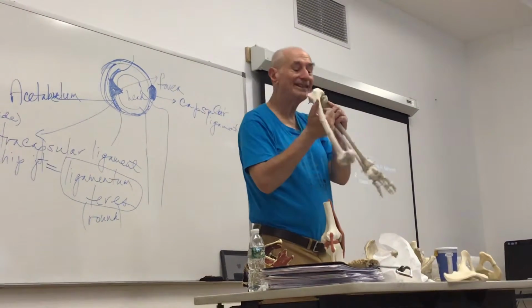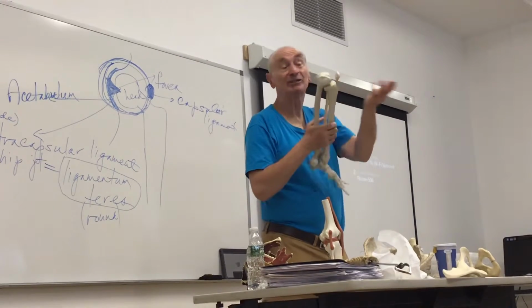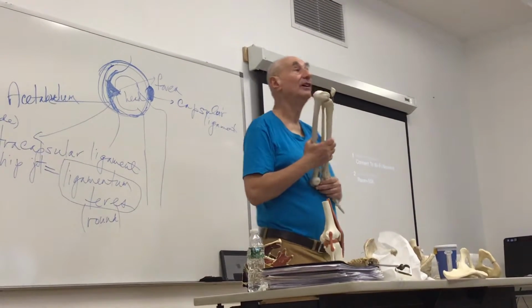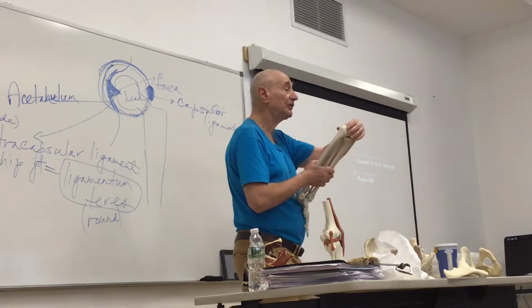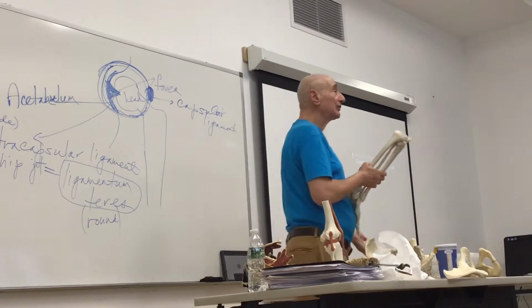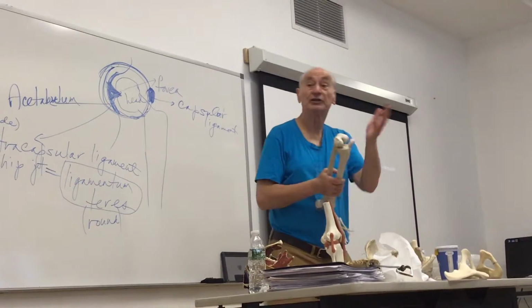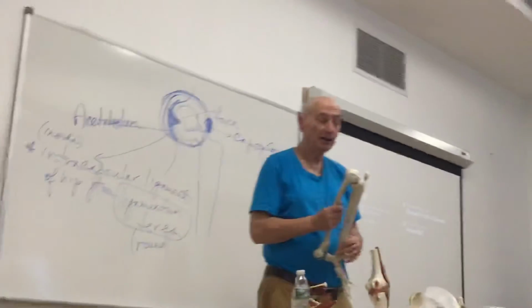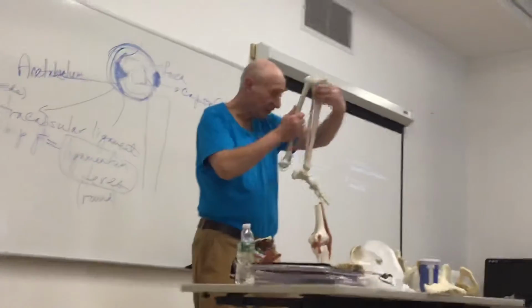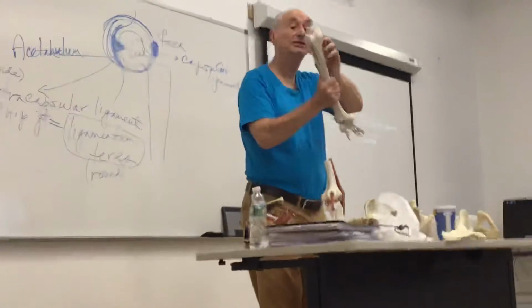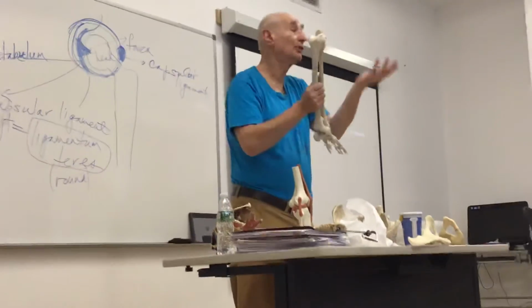So instead, and it makes our job easier, there are no epicondyles on the tibia. There are epicondyles on the distal femur and on the distal humerus. There might be some others somewhere, but those are the only ones we need to know. So this entire surface of the tibia, including the articular part, is called condyle.